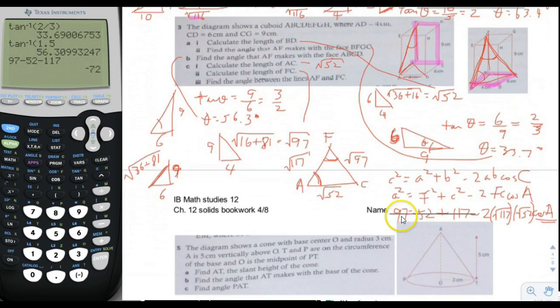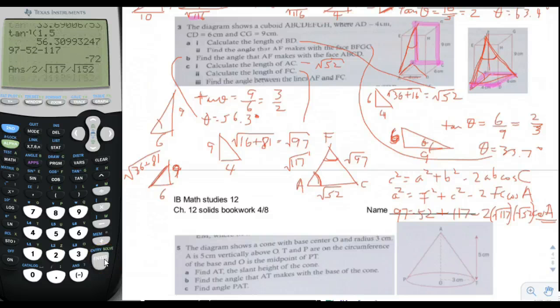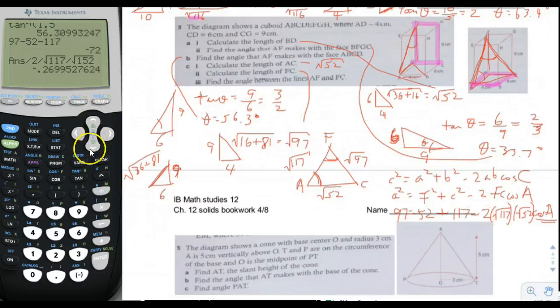Well, so we'll start out with 97 minus 52 minus 117. That gives us negative 72. Then we're going to divide that by 2 times square root of 117 times square root of 52. And then that would give us a negative number, and then we're going to take the negative of that because we have this negative here, and I'm sorry I'm skipping so many steps.